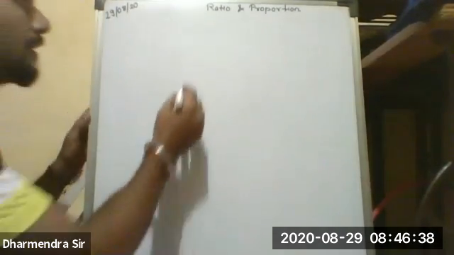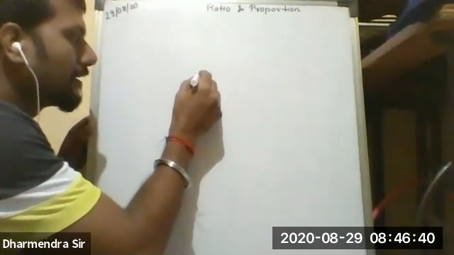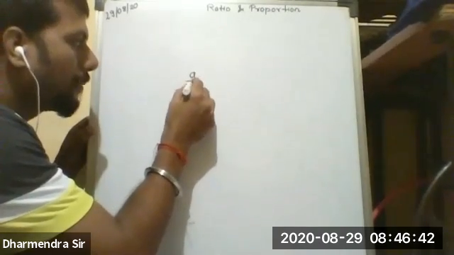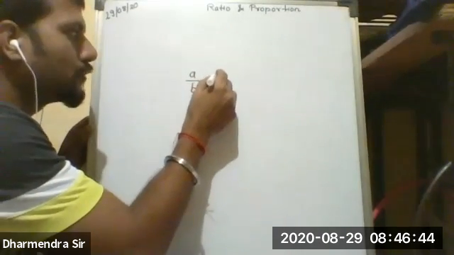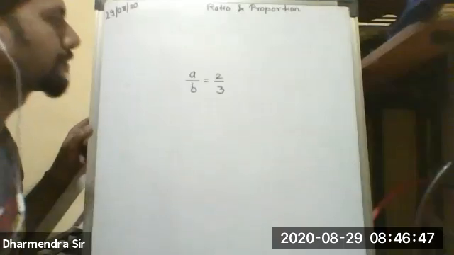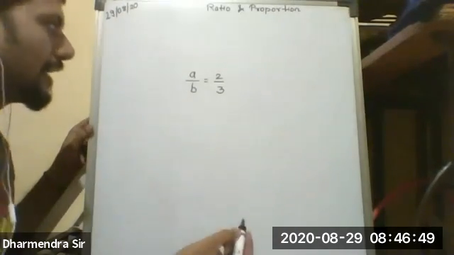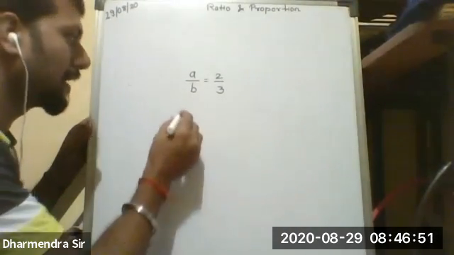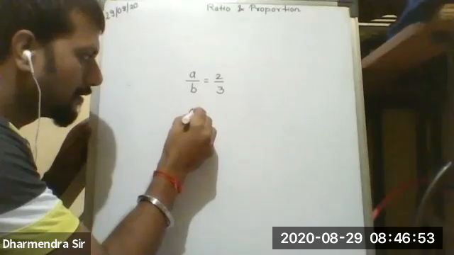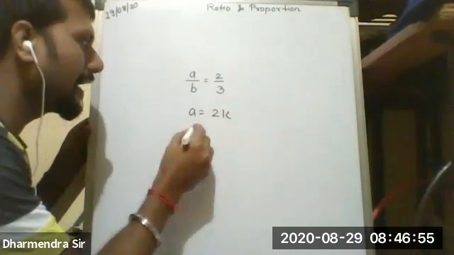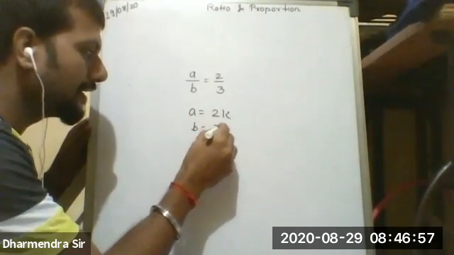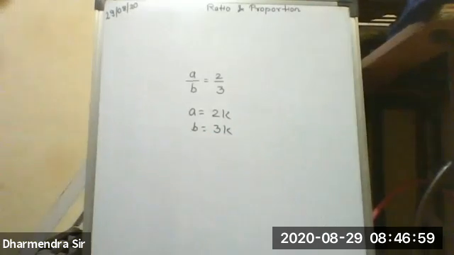For example, if I am saying that A by B are in the ratio 2 by 3, I mean to say they are having some common multiple. That is, value of A will be 2 times K and value of B will be 3 times K. This should be clearly understood.